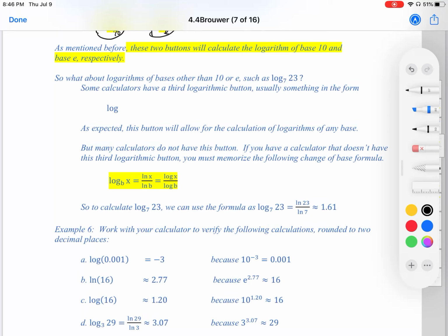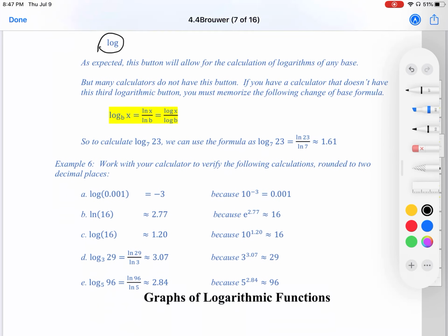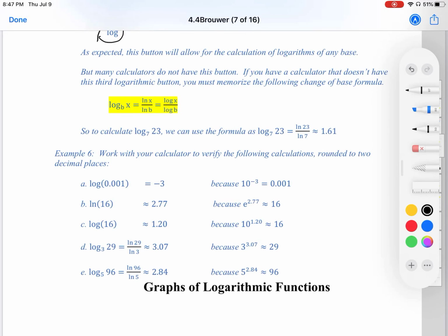So what about logarithms of bases other than 10 or e, such as log base 7 of 23? Some calculators have a third logarithm button, usually written in the form of log with a subscript. As expected, this button will allow the calculation of logarithms of any base. But many calculators do not have this button.